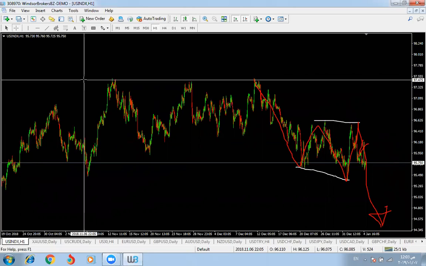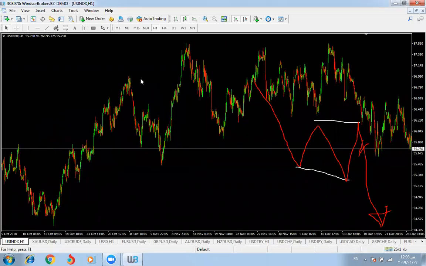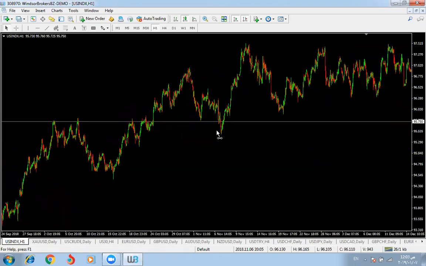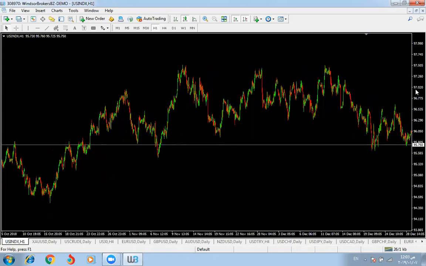But as I told you, price action is telling us that this movement to the upside has ended in the form of a contracting ending diagonal at this area. Then we have an impulse to the downside.